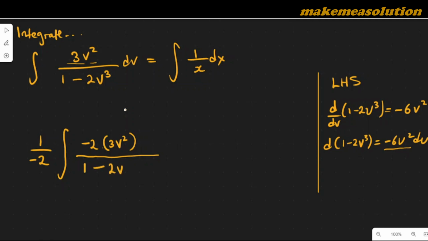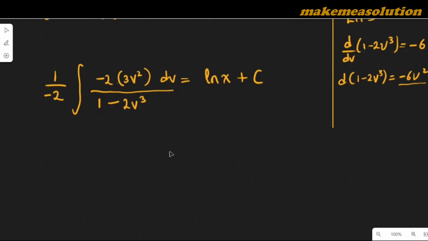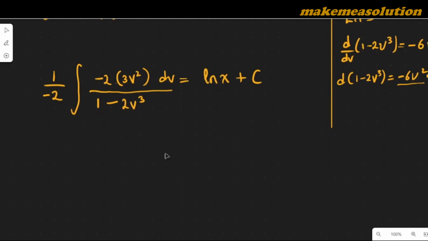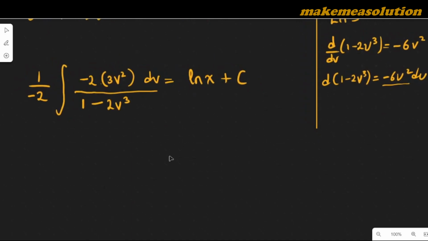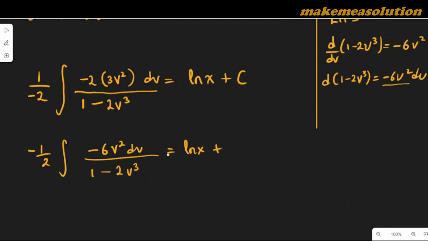Okay, so the integral of 1 minus 2v cube dv is equal to natural logarithm of x plus c. Is that okay? Then see what happens now. So we now have negative 1 over 2 times the integral of negative 6v squared dv over 1 minus 2v cubed equal to ln x plus c.